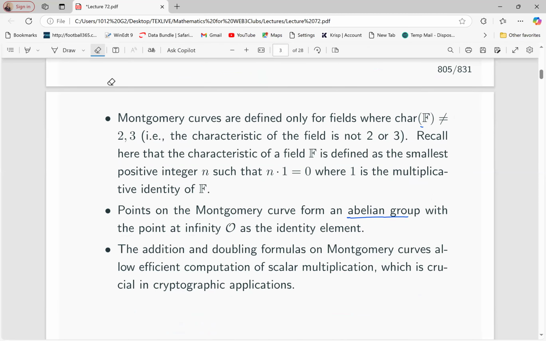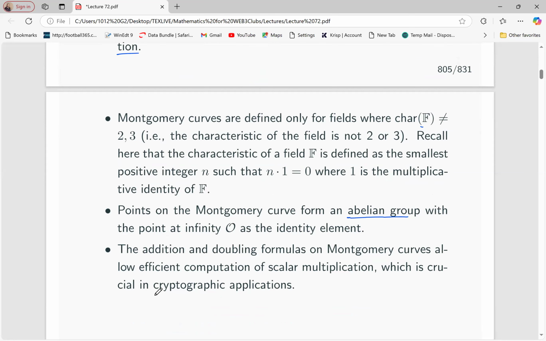I've already mentioned how simple it is to do addition. Addition and doubling of points on elliptic curves is easy, and therefore this leads to efficient computation and also efficient scalar multiplication.